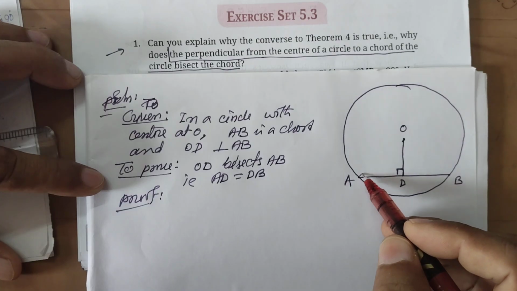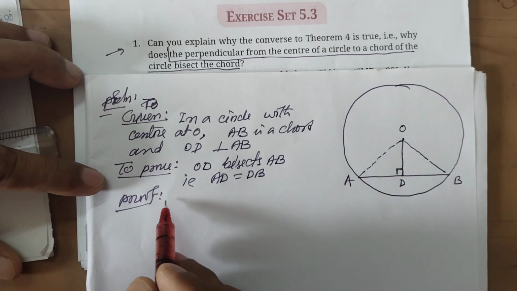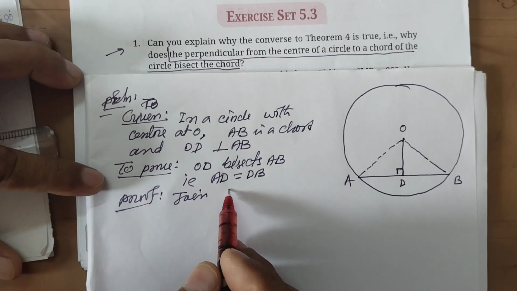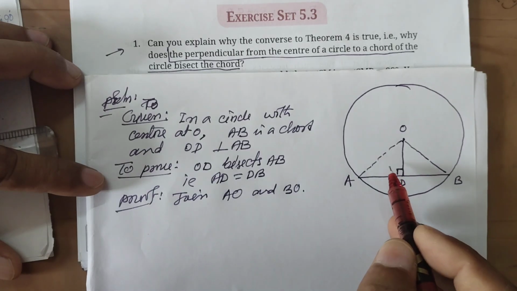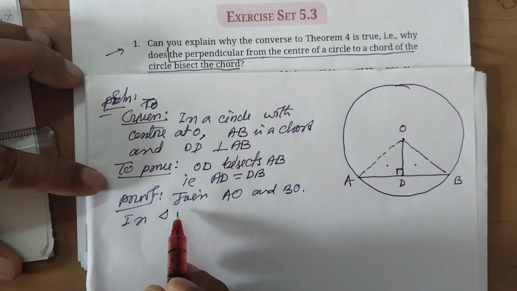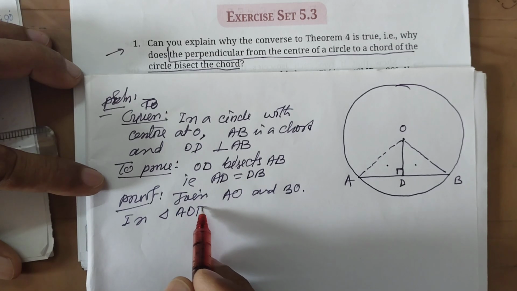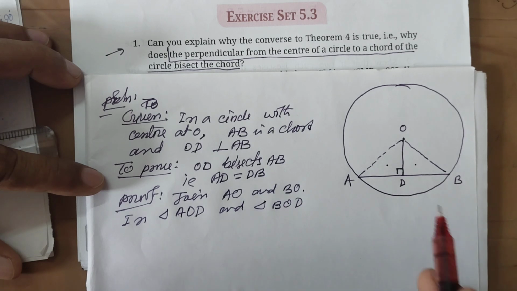You can join OA and OB. Join AO and BO. Now see, we will take these two triangles. In triangle AOD and triangle BOD, what do we have?